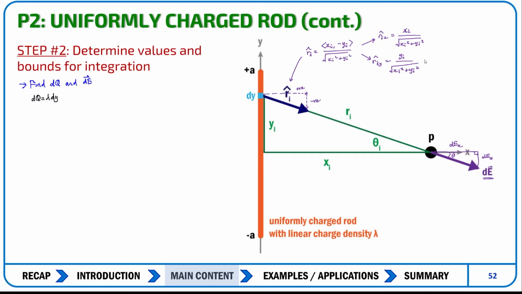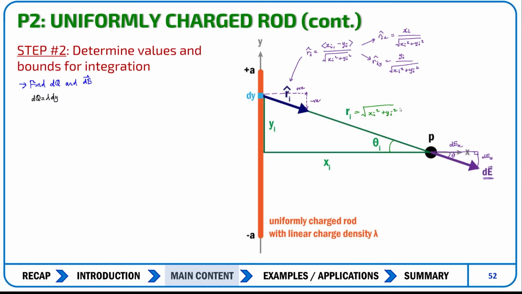Okay, so now the other thing I want to mention is even though you can use component form, you can also use trigonometric identities. The reason why I have this theta over here is because if you take a look at this, the cosine of theta i is equal to adjacent over hypotenuse. And the hypotenuse over here is going to be equal to the square root of xi squared plus yi squared.